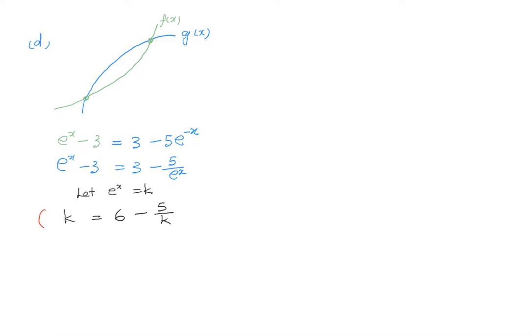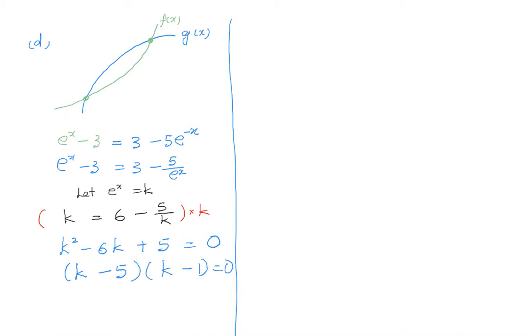So everything times by k. Yeah, ln 5 and 0, you are right.